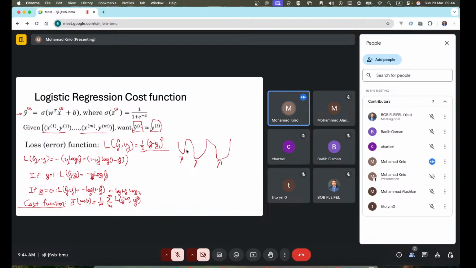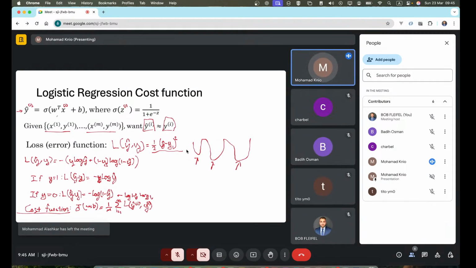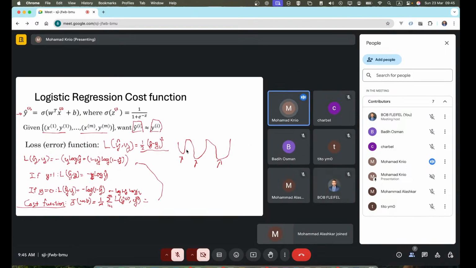Here y hat is, of course, the prediction of our logistic regression output, and using this particular set of parameters W and B, we would get this function. And just to expand this, because we're going for logistic regression, the loss function of this would be this function right here. So it would implement this, sum it, and divide it all by M.